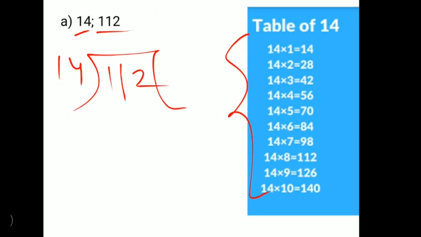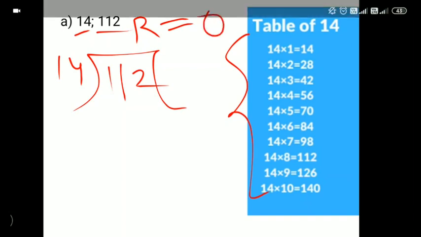I hope you remember the concept that if after the division you get remainder 0, then you can say that 14 is a factor of 112. But if the remainder is not 0, then you cannot consider 14 as a factor of 112.